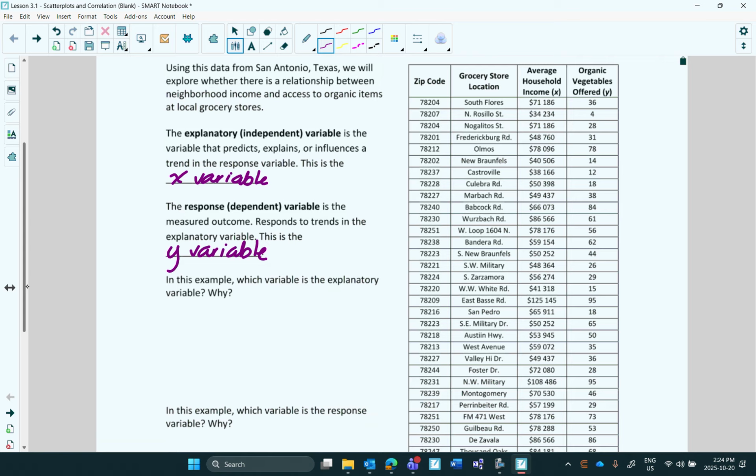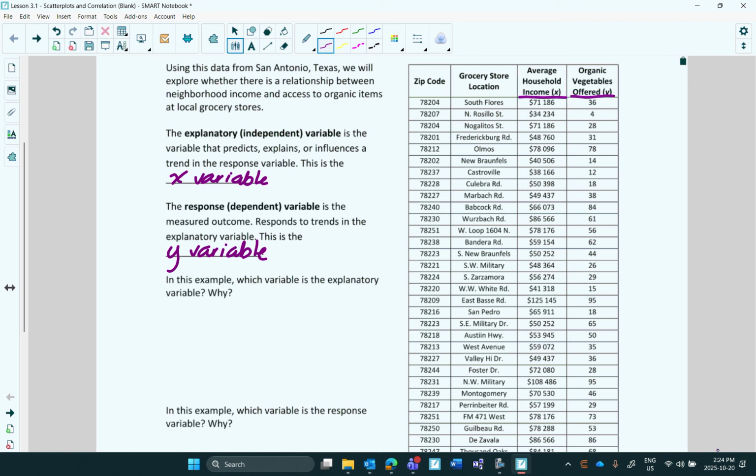So in this example, I told you the two variables, this and this. Which one do you think is explanatory and which one do you think is response? Average household income. Okay, and why?